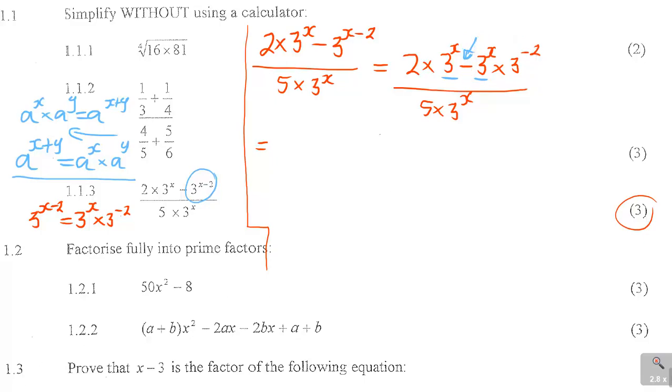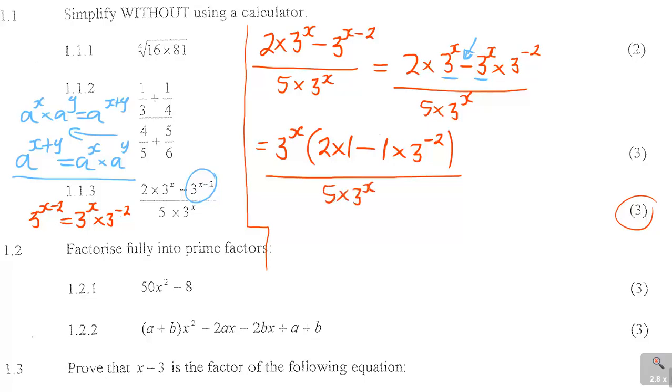So when you factorize, what is common? You take out the 3 to the exponent x, and you're left with the numbers inside, which is 2. Where there was 3 to the exponent x, you put a 1 because it's the placeholder for that 3 to the power x, minus 1 times 3 to the power negative 2, over 5 times 3 to the power x.